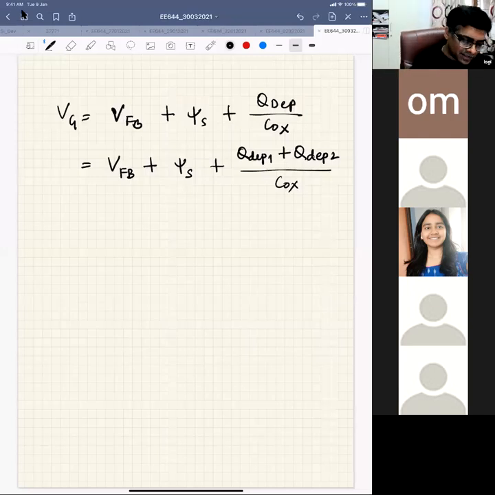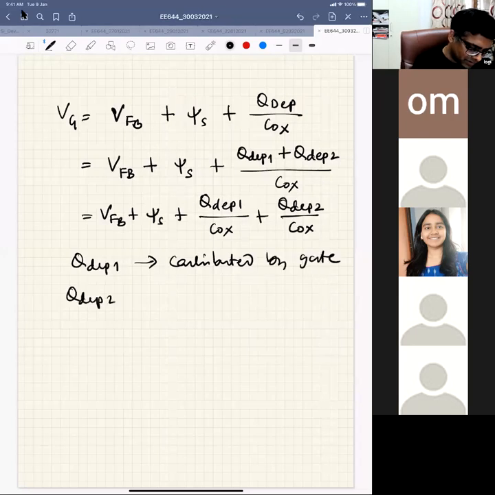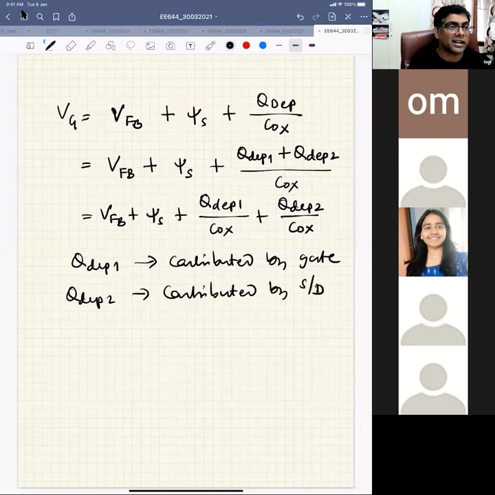Then I could write VFB plus psi s plus Q dep 1 by Cox plus Q dep 2 by Cox. Q dep 1 is the part contributed by the gate, and Q dep 2 is contributed by source and drain, right?